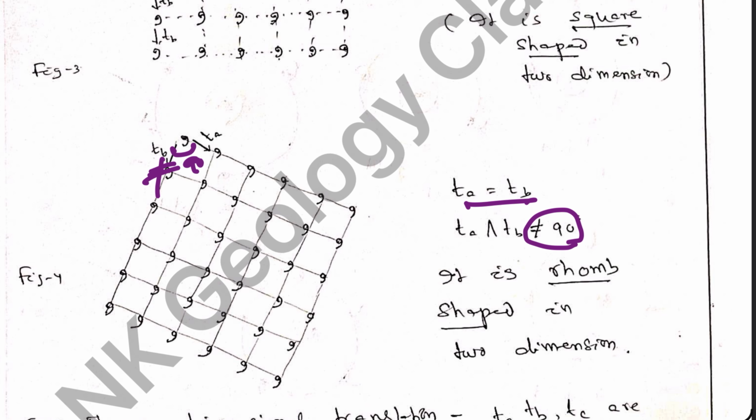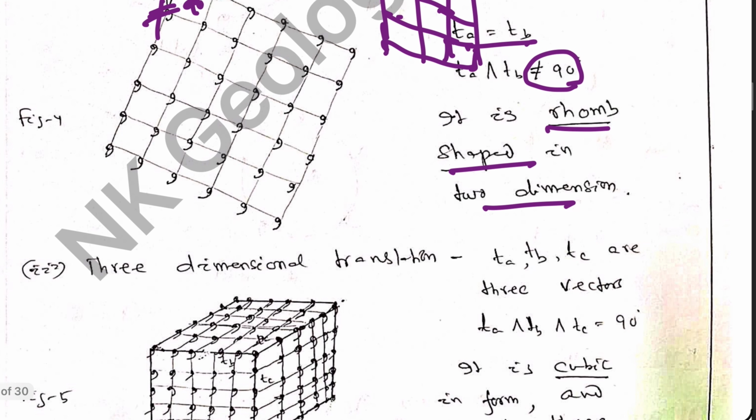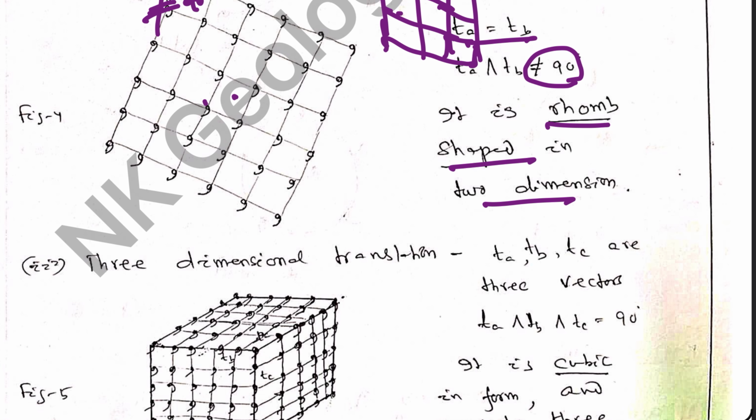So we get a rhombic shape, because this length is equal to this length, but this angle is not 90 degrees. So we get a rhombus-like arrangement of atoms, a rhomb shaped atomic arrangement, as has been shown here.